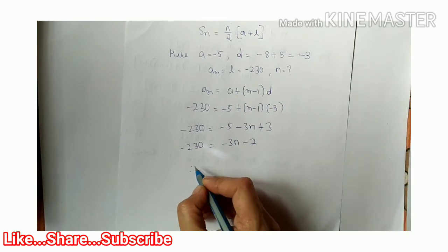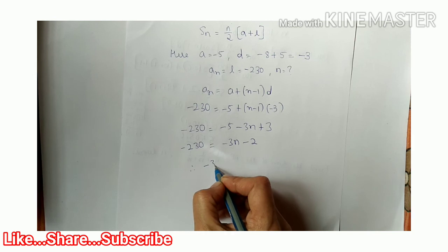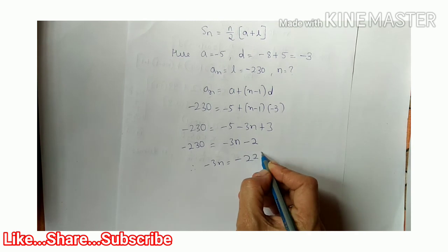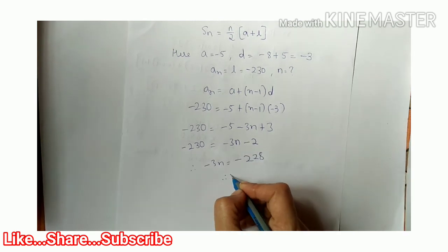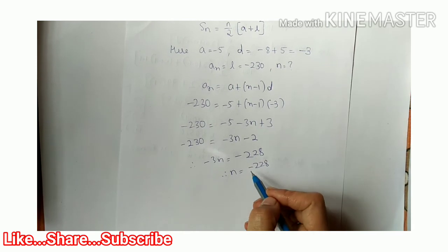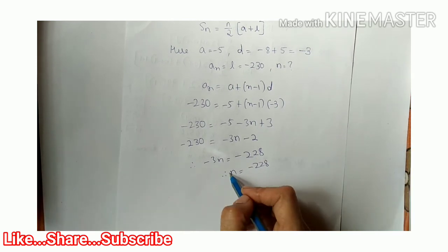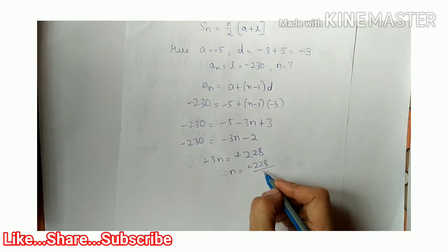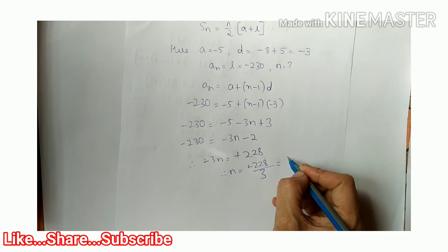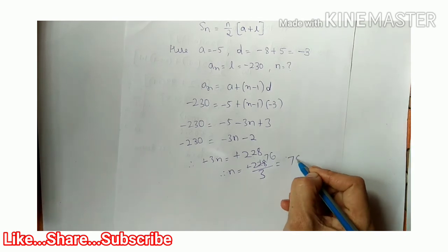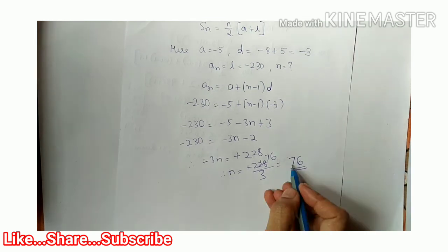Therefore -3n = -230 + 2 = -228, so n = 228 divided by 3. 7 sixes are 42, so n is 76.